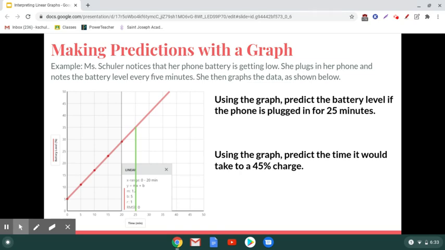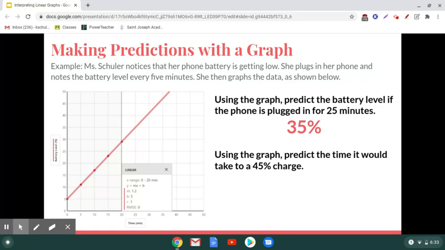The next thing you need to do is go over so that we can predict the battery level. So you're going to draw a line now going across to figure out what that battery level is. When we go across, we notice we hit the number 35, and this is a battery level, so this would be 35%.